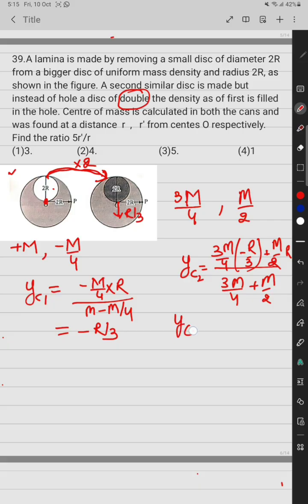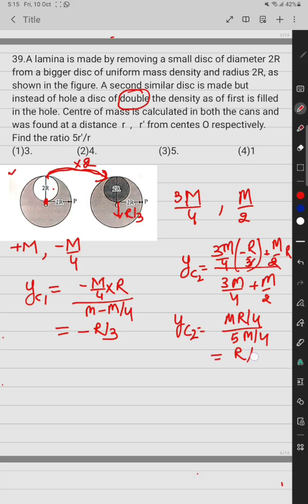Then the y center of mass in the second case, cancelling 3 with 3, is minus mr/4 plus mr/2, so it is mr/4 divided by 5m/4.